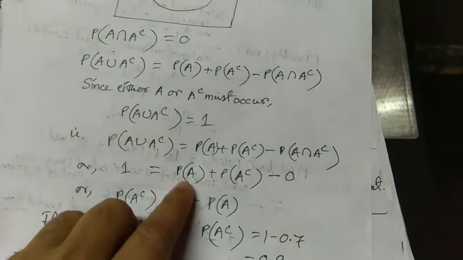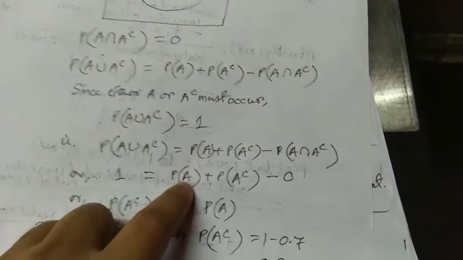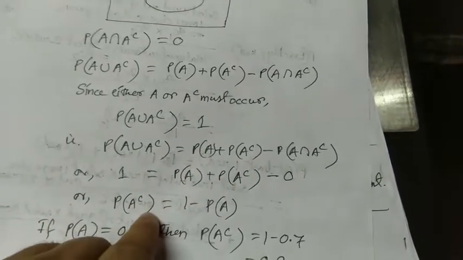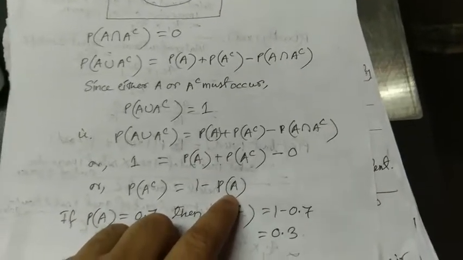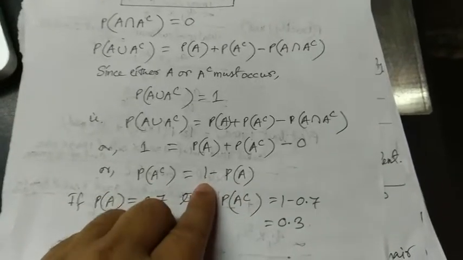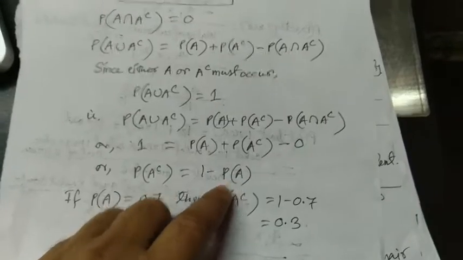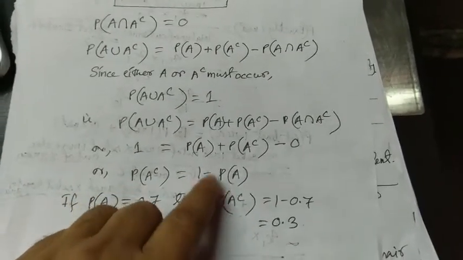So probability of AC is 1 minus probability of A. That means probability of A complement is 1 minus probability of A. If you know probability of A, you can find probability of AC from this formula.